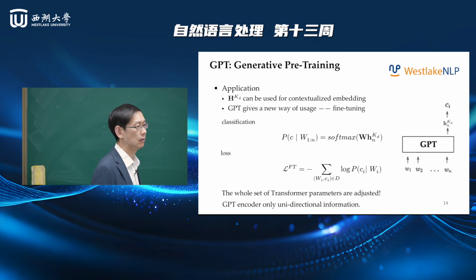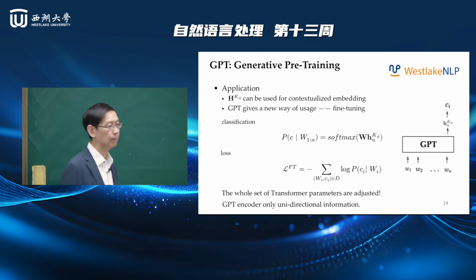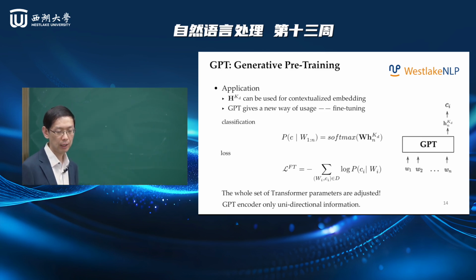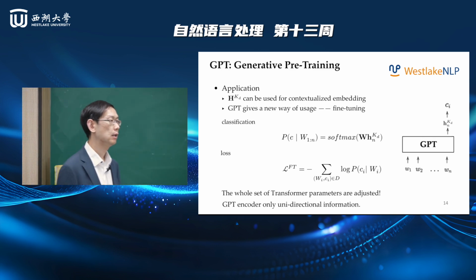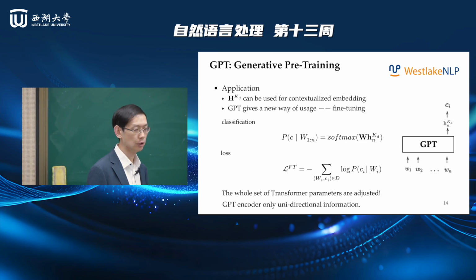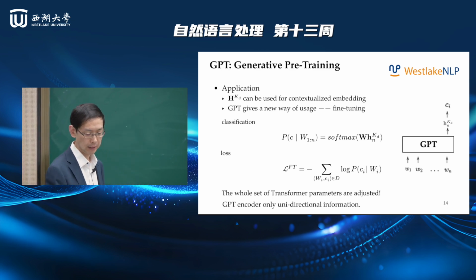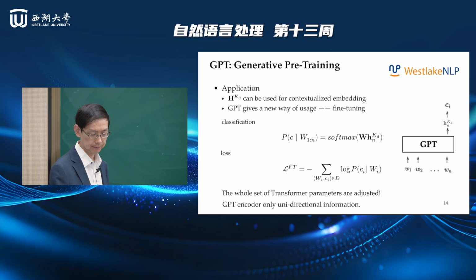So obviously, there are more pre-trained parameters to be tuned compared with simple word embeddings. But it turns out that it's also very effective. All right, so this is GPT.